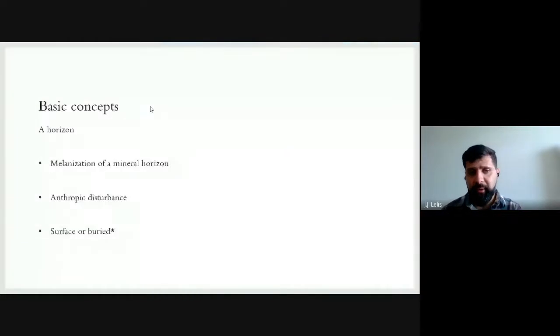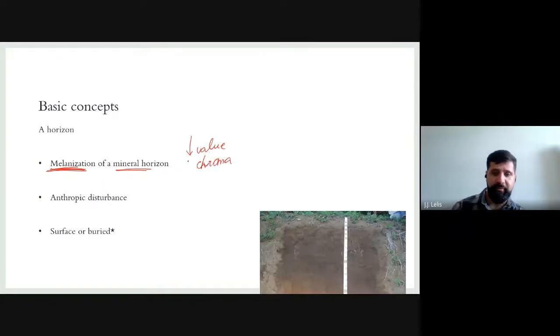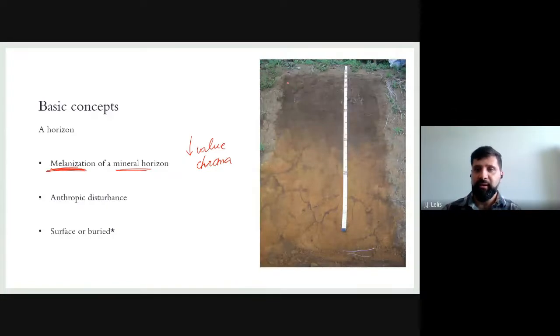We have the A horizon. The A horizon, I think, is very easy to identify and to describe: it is a mineral horizon that suffered melanization. Melanization is just the decrease of value and chroma of a horizon. So as we can see here, you can see some horizons like this.